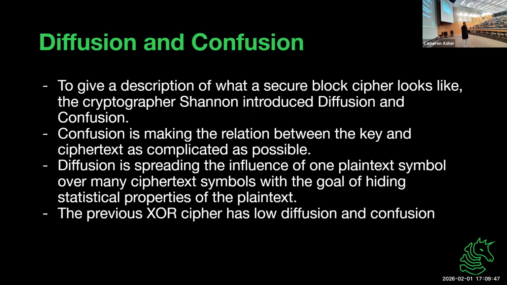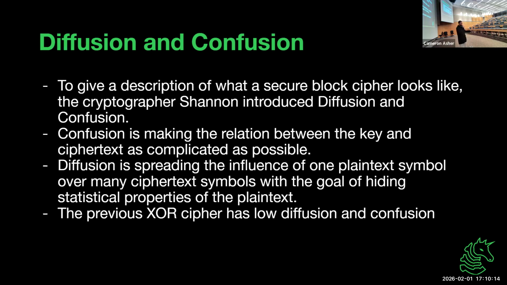So to describe what makes a good block cipher, the cryptographer Shannon introduced two concepts, diffusion and confusion. Confusion is making the ciphertext depend on the key and the plaintext in a way that can't be easily expressed.